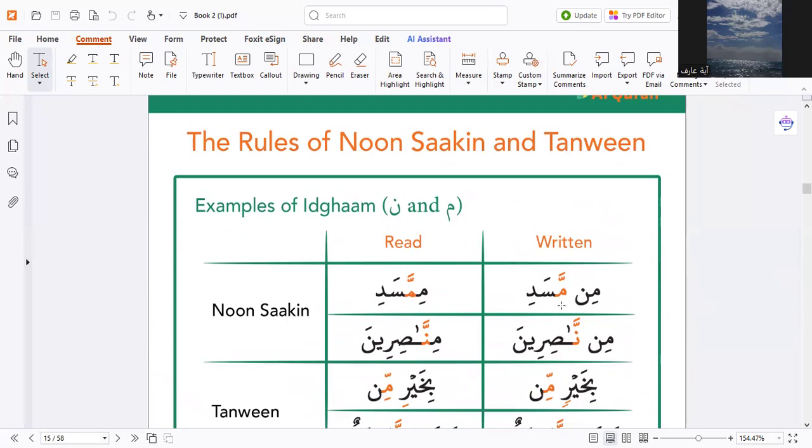The tajweed rule applied here is idgham with mim. Min nasirin bi khayrin: this is a tanween followed by mim, so the tajweed rule applied here is idgham.